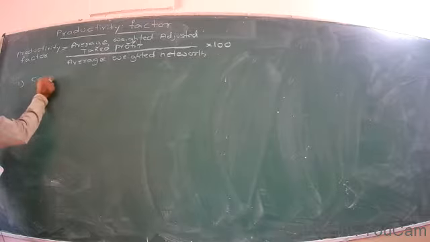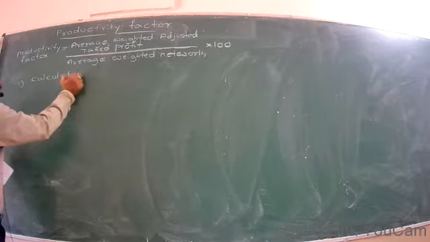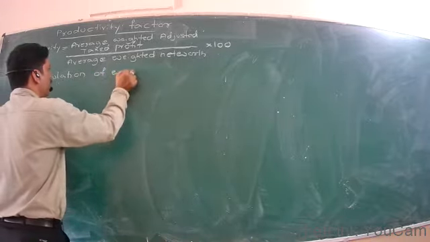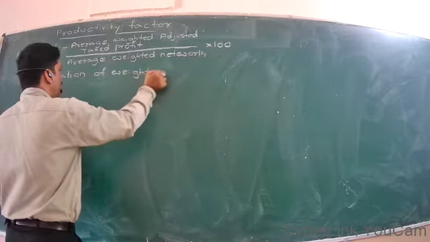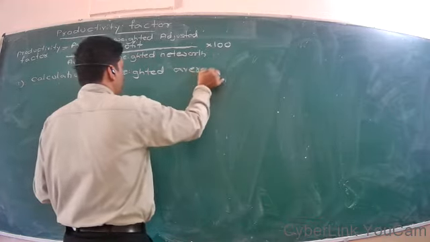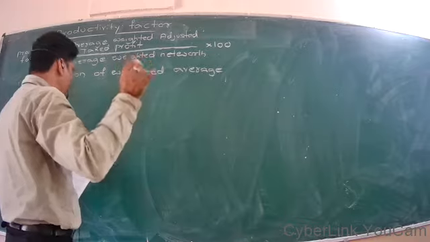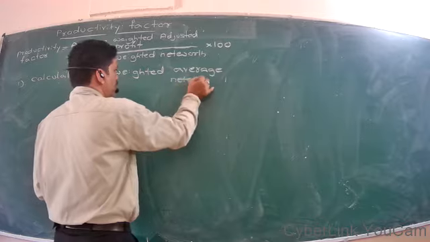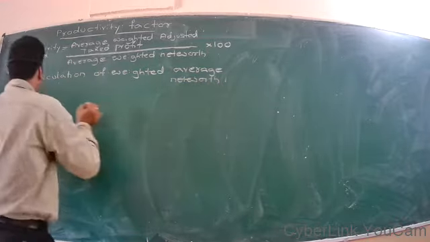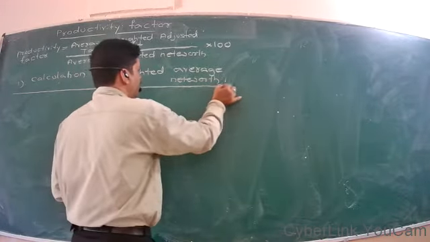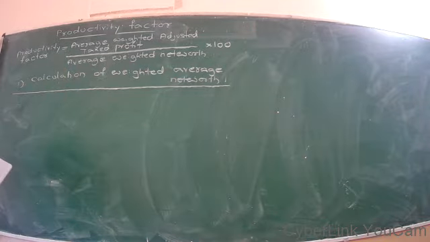Now, as a first step, we will write the calculation of average weighted net worth. Here, make columns like this with the necessary information.